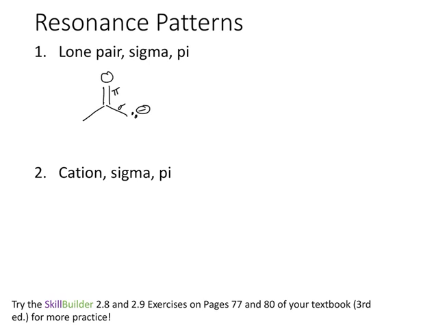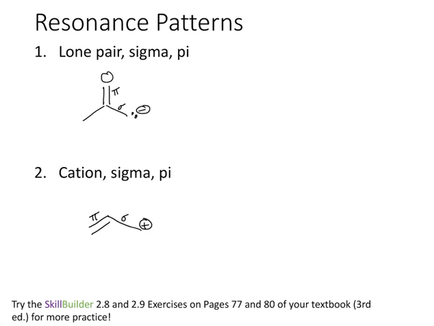Number two, if you have a cation next to a sigma bond next to a pi bond, so similar to our allyl cation, then you also can have a resonance structure.